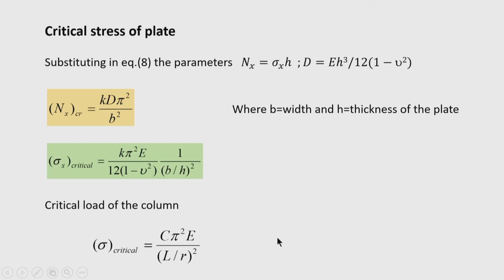For one end fixed and the other end free, that C will also be different. But here this expression is only valid for the simply supported condition along the 4 edges. No other boundary condition is applicable for that plate, because K is taken according to that condition.